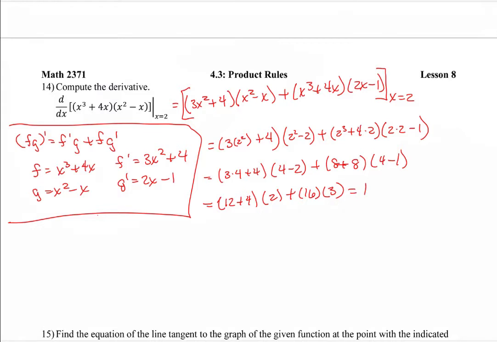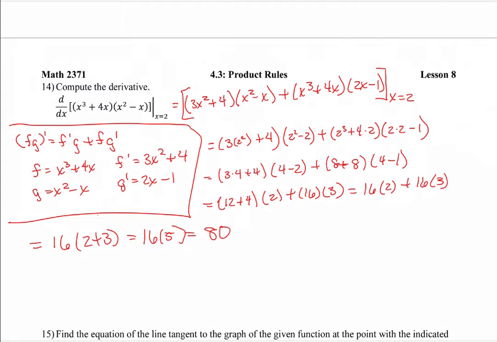So I have 16 times 2 plus 16 times 3. So this equals 16 times 2 plus 3. So that equals 16 times 5, which is 80.